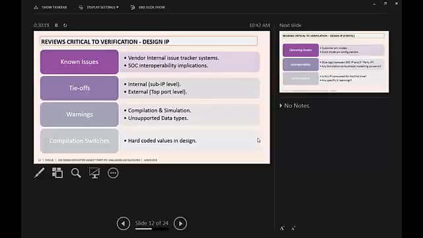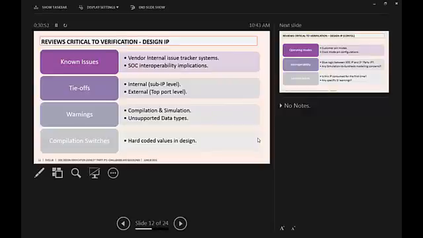So it's very important that you know the external top-level port level, because you need to know how they connected the test bench for putting that IP in a proper configuration. If you don't have this knowledge, you may leave some things open in your test bench, which may have a side effect inside the design functionality. So you need to know all of this upfront. That's why we call reviews critical from the verification perspective. What are the reviews that you need to be aware of? This will be helpful when you formulate it.